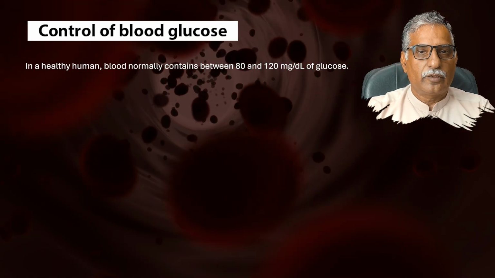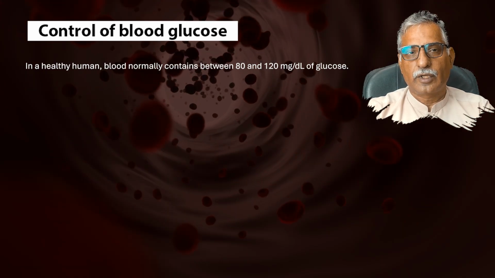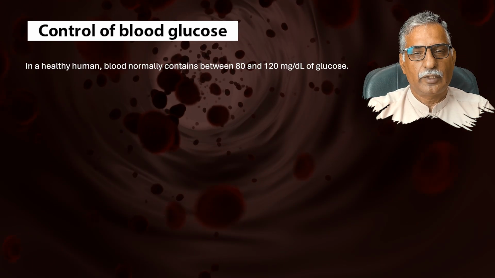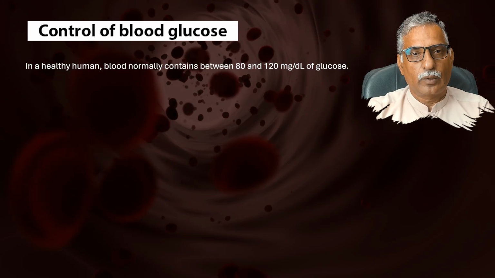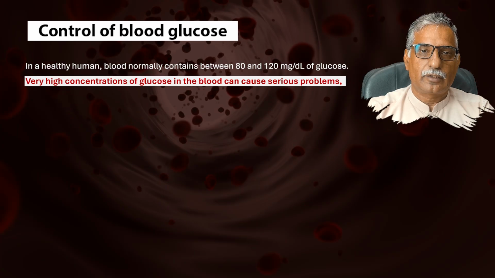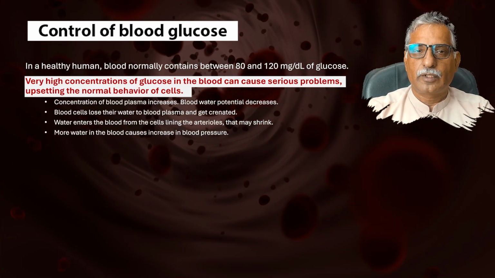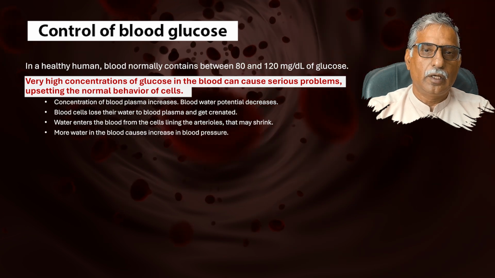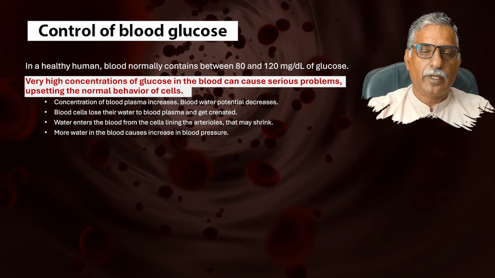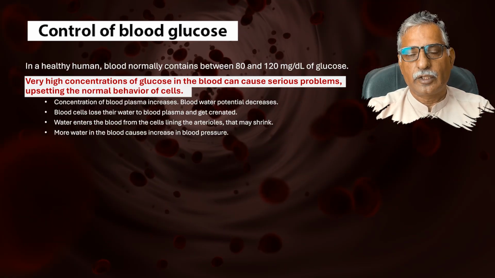But remember, things go normal, life activities go normal if the blood glucose concentration remains within its optimum range, the required range. So what happens if the blood glucose concentration goes high? Remember one thing, when blood glucose concentration goes above 120 and remains above 120, that is going to cause some serious problems.